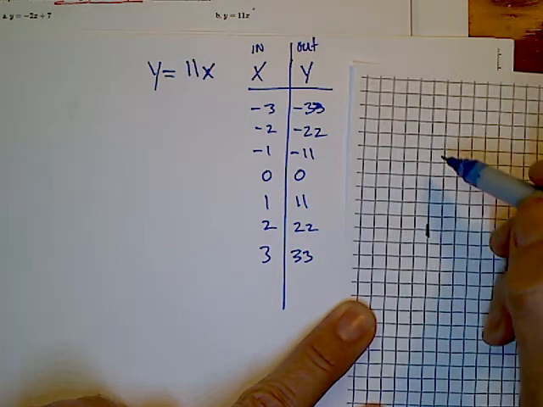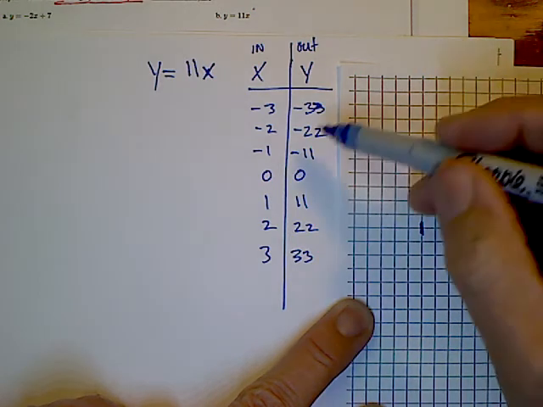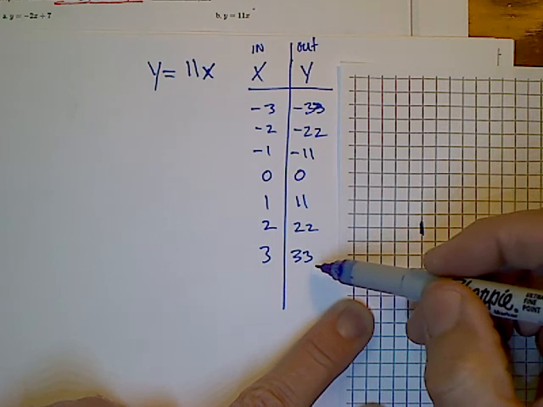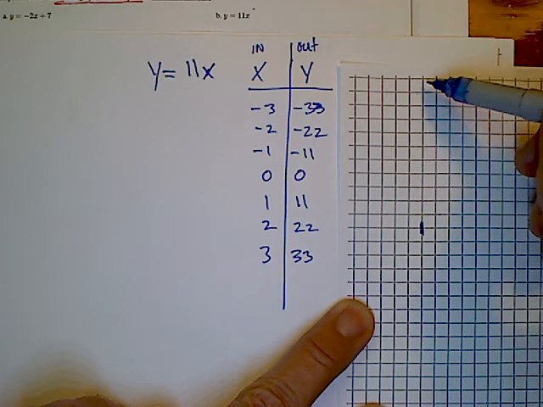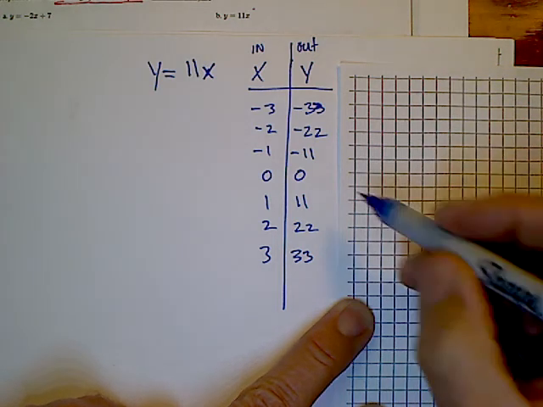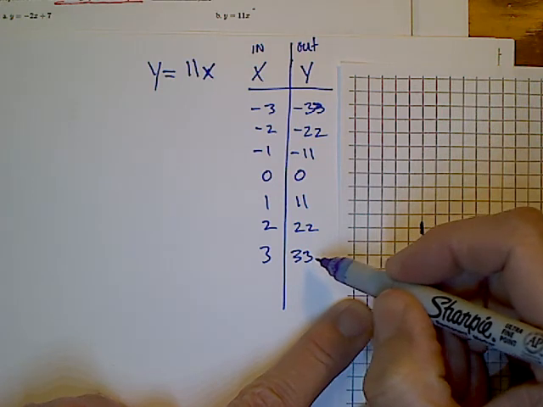Determining how far down I need to go, how tall my y-axis needs to be: if my highest point is 33, I probably don't want to go by ones, because then I'm going to be using up quite a bit of graph paper. So in this case, I might go by threes.